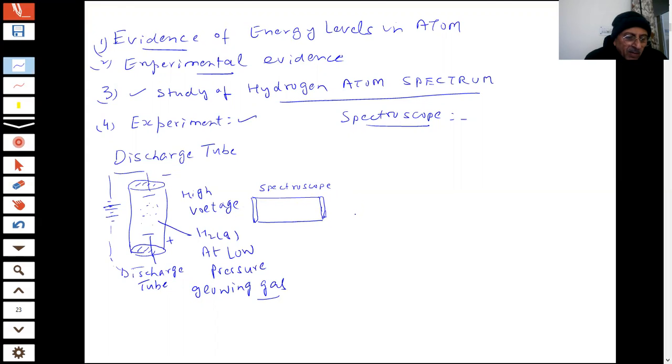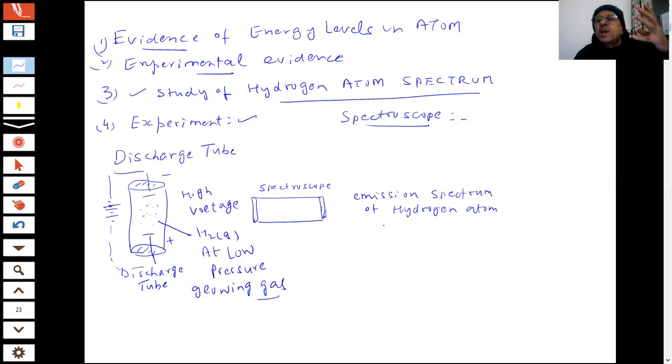And what they observed was the emission spectrum of the hydrogen atom, student. This was the study of the emission spectrum of the hydrogen atom, studied by the scientists. We are studying the emission spectrum.